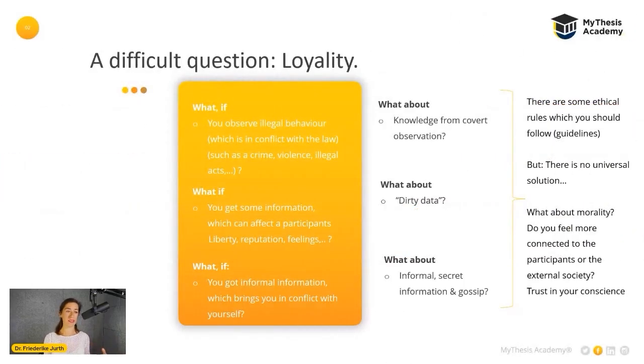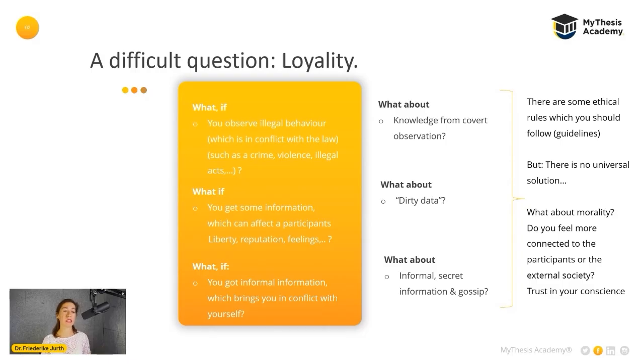So, to introduce this part, I want to make you alert of what kind of question is related to loyalty and why it is a difficult issue. After all, what does loyalty signify at fieldwork? First, it is the question, what if you observe illegal behavior which is in conflict with the law?